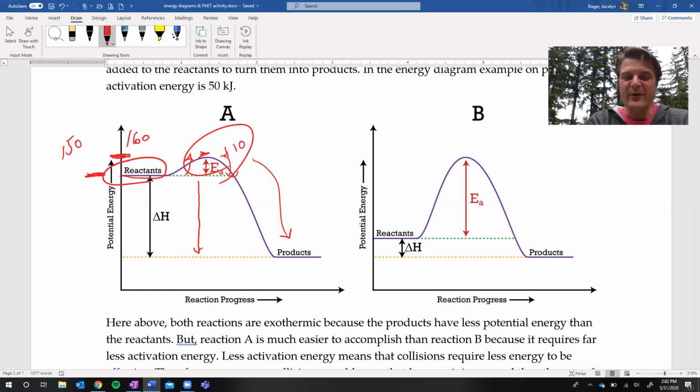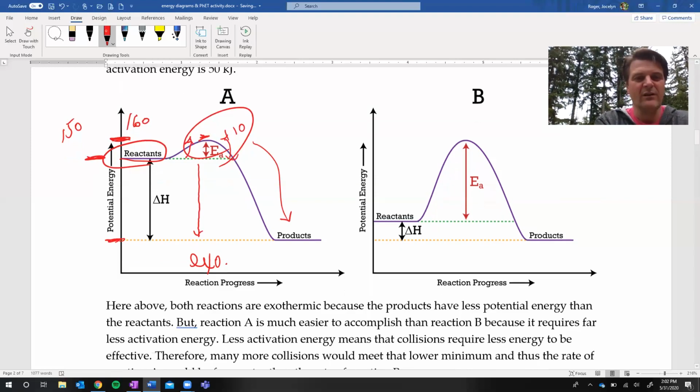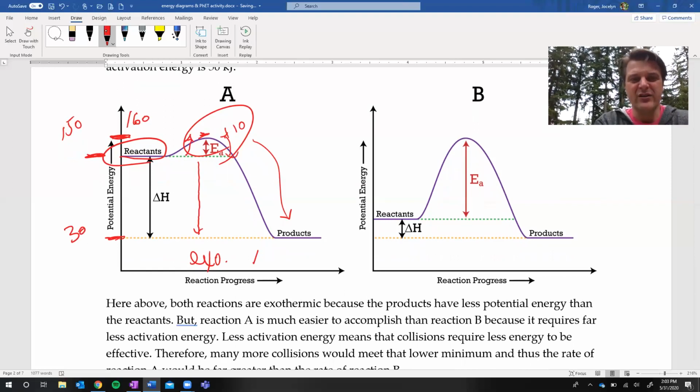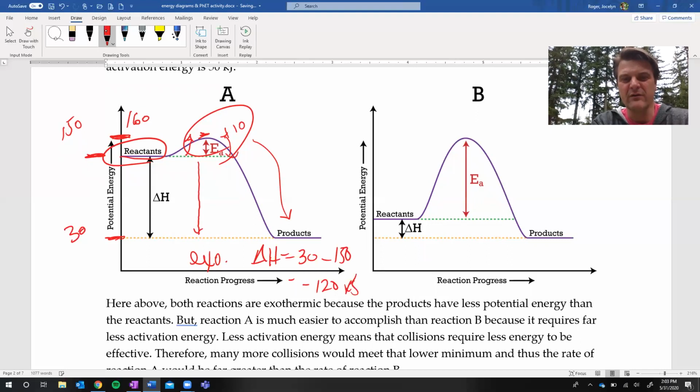So when you have an exothermic reaction like that, the delta H is the difference between the reactants and the products, as always. And in this case, if we put in the products at maybe 30, let's just say, the delta H is energy of the products, 30, minus energy of the reactants, 150, and it gives us negative 120 kilojoules. Negative sign, exothermic.